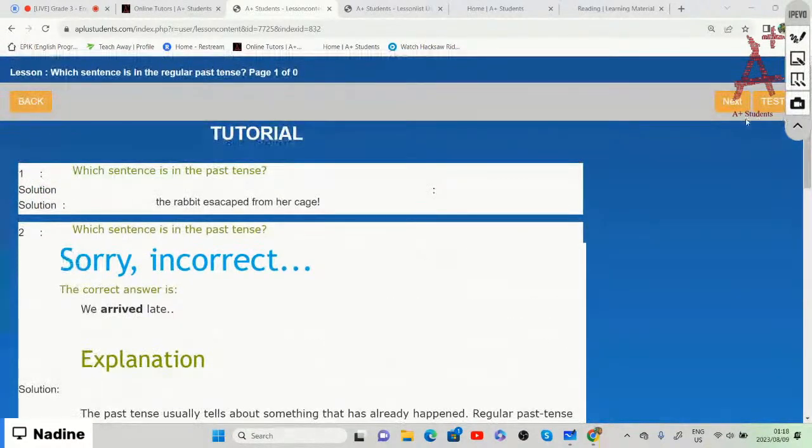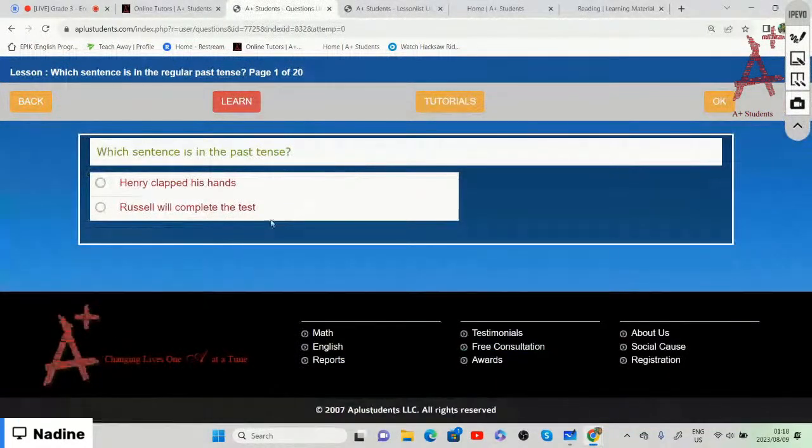All right, let's go to the test. So what we're going to do now is say which sentence is in the past tense, right? Henry clapped his hands. Russell will complete the test.